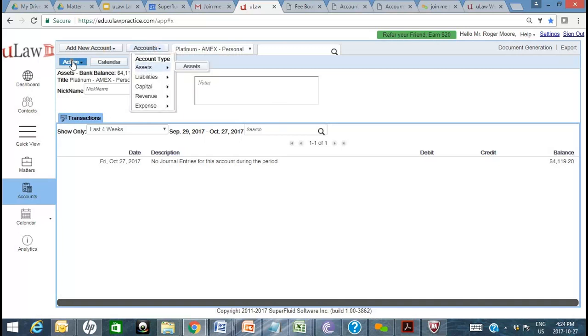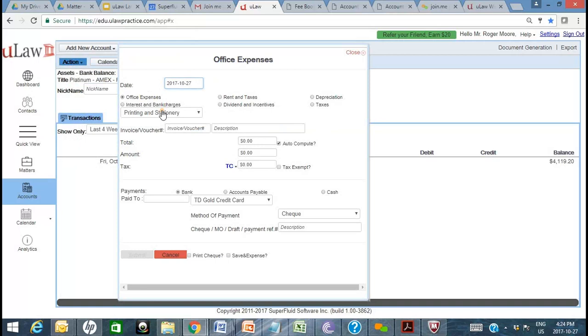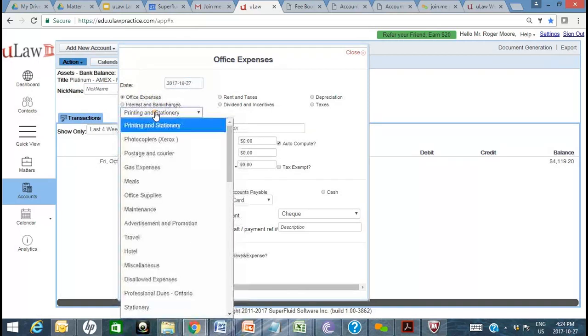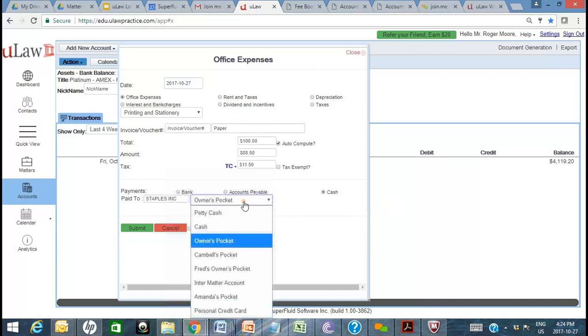So, for example, you've got an expense, office expense. It's printing and stationery. $100 for your paper purchased. Technically, I would use the owner's pocket. Again, depending on your situation, this is really your personal money, so technically I would just use the owner's pocket account.